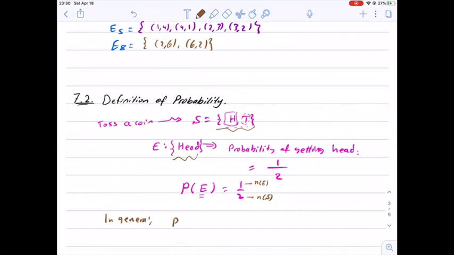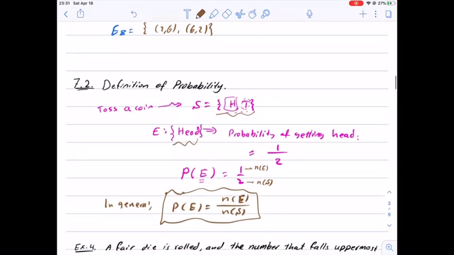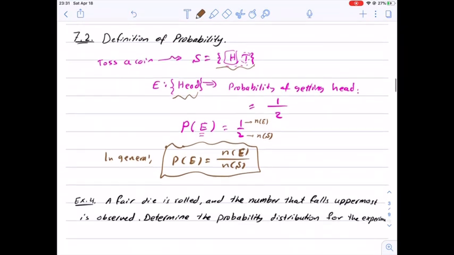So in general, the probability of an event is the number of elements of that event over the number of elements of the sample space. This is the basic definition, or the basic formula, for probability.